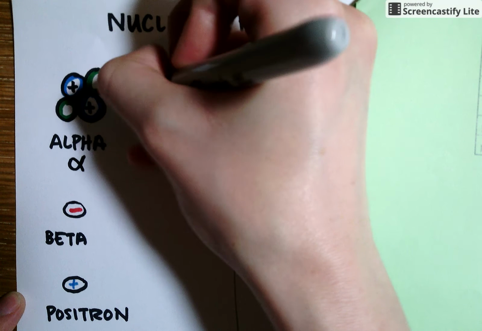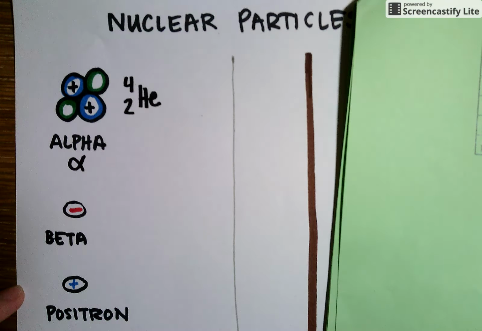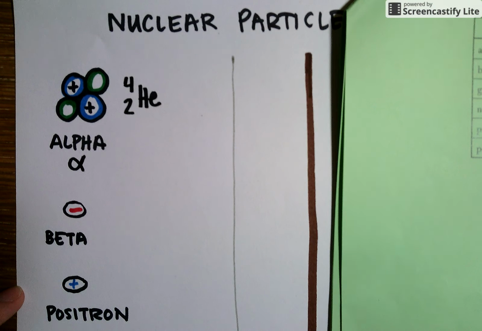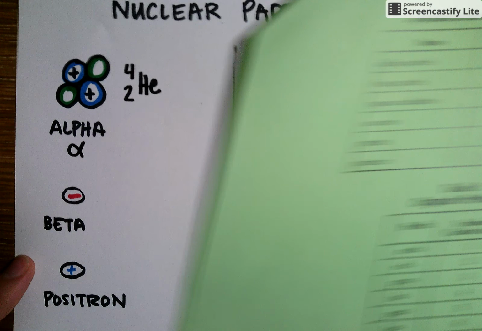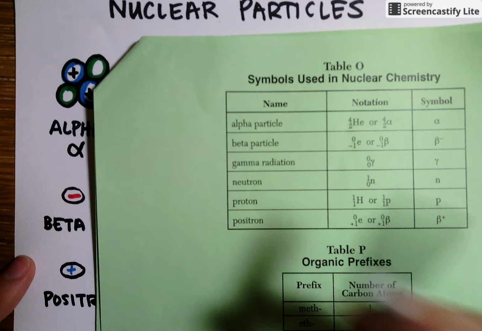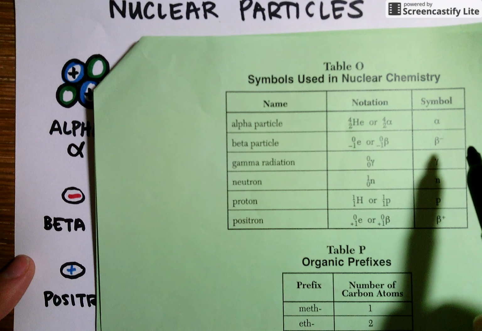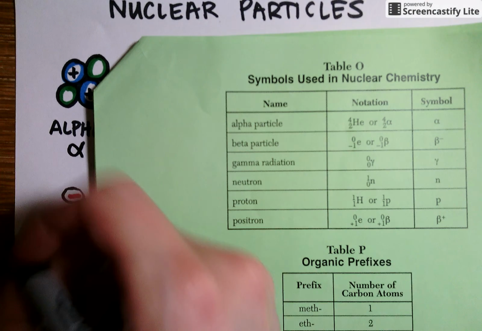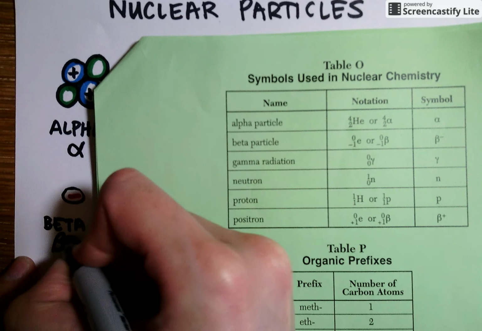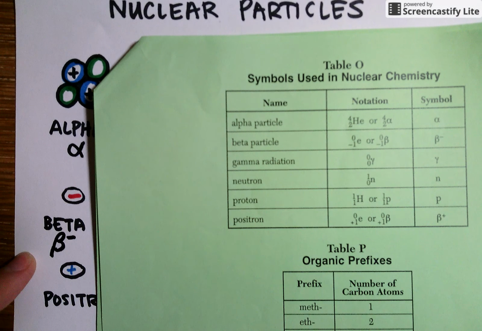+2. This stands in contrast to the smaller beta particle, which, if you look on Table O, is signified by the beta symbol and a minus. And that minus is important for reasons that we'll see in just a second.